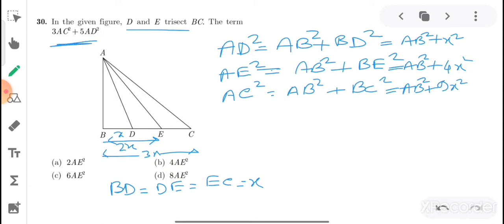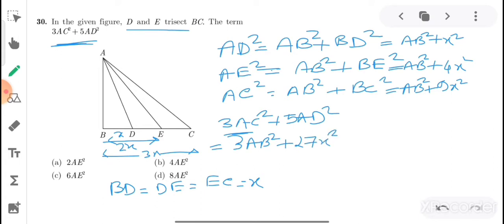We have to calculate 3AC square plus 5AD square. Just use the value of AC square, then it will give 3AB square plus 27X square, plus 5AD square means 5AB square plus 5X square, then total 8AB square plus 32X square.